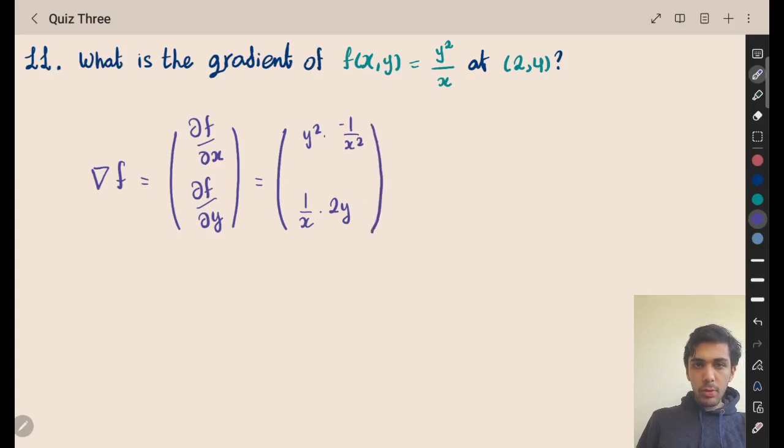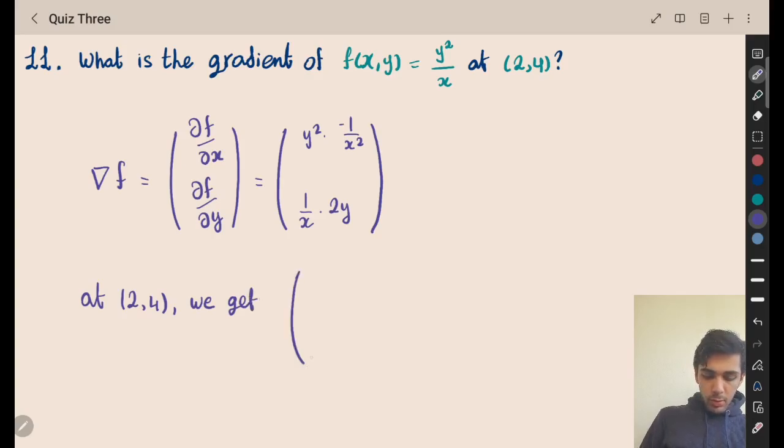That's not too difficult. And then finally, we need to plug in the values x is equal to 2 and y is equal to 4.